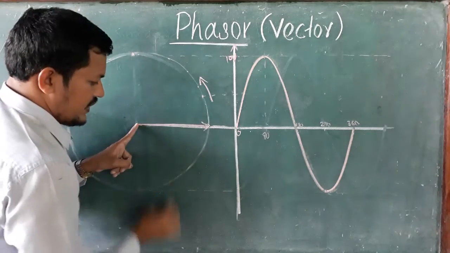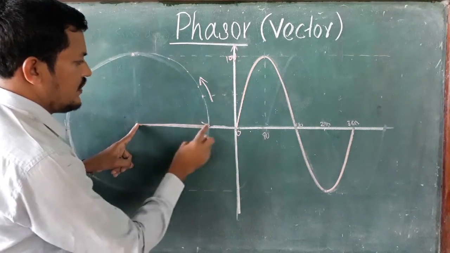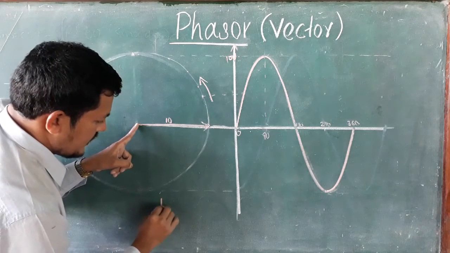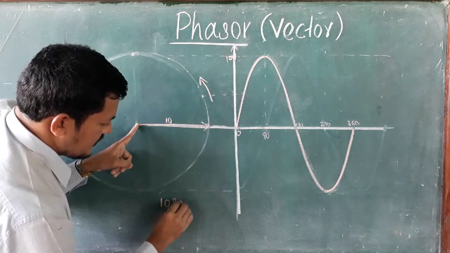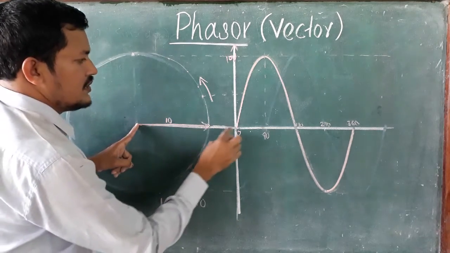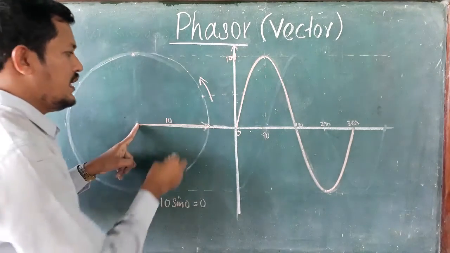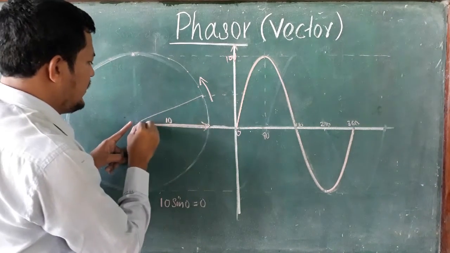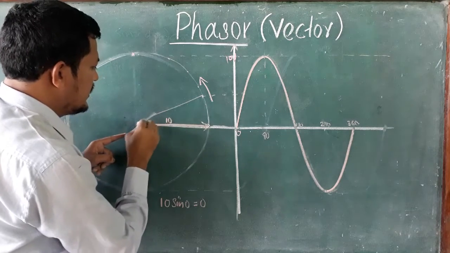So we can find out what the value is at 0 degrees. Its magnitude is 10, so 10 into its sine function, sine 0, so its value is 0. At this position the value is 0. Suppose we take 30 degrees, when the phasor is drawn at a 30 degree angle.